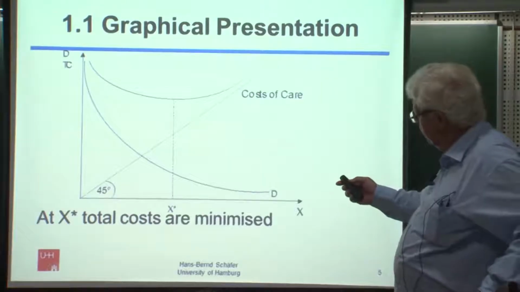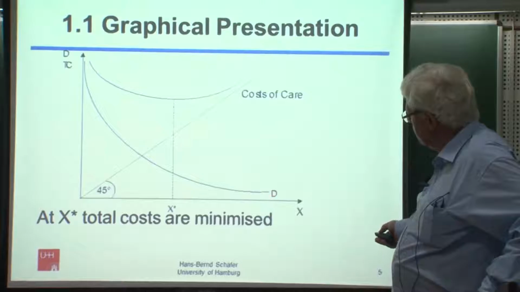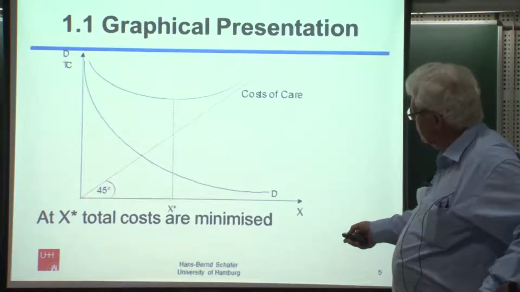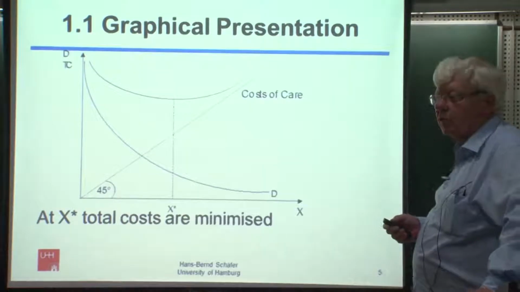So you have here the primary cost of accident, the damages, and you have here the cost of care. And you want to minimize the sum total of that.